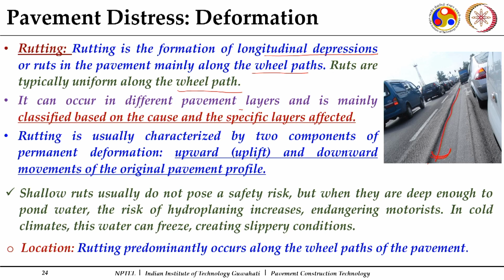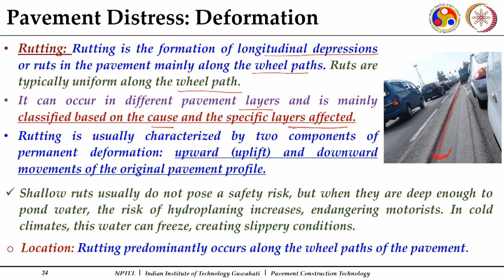It can occur in different pavement layers, and this may not be restricted, as in the case of surface defects, to the top bituminous layers. It may be extending from the underlying layers, which may be even the subgrade of your pavement course. So, it can occur in different pavement layers and is mainly classified based on the cause and the specific layers involved.